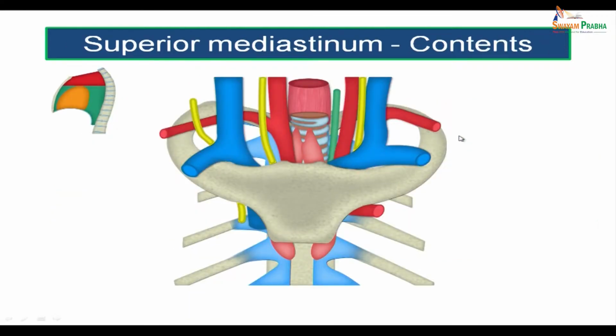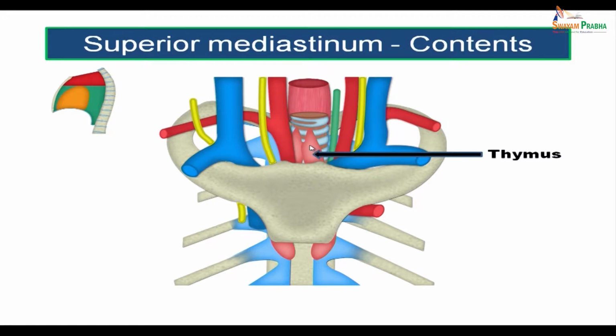Let us look at the contents of the superior mediastinum. A retrosternal content which is present here is the thymus. In front of the thymus, you also find the muscles which take origin and go upwards into the neck. They are the sternohyoid and sternothyroid. So just behind this, you will find this bilobed structure, the thymus.